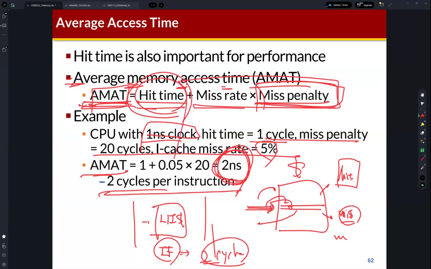It's a huge performance drop, right? And we can also calculate the average memory access time like this. You need to memorize this AMAT. Okay, so it's the hit time plus miss rate multiplied by miss penalty.